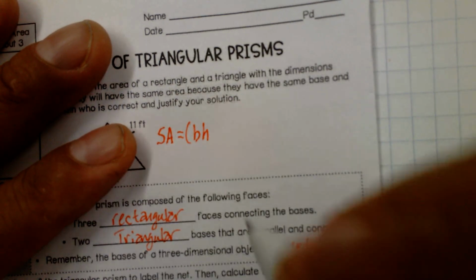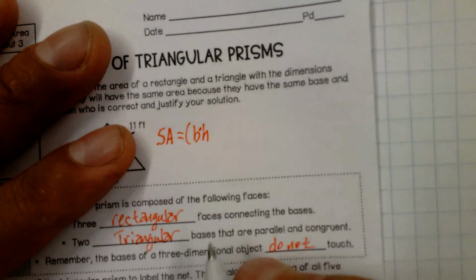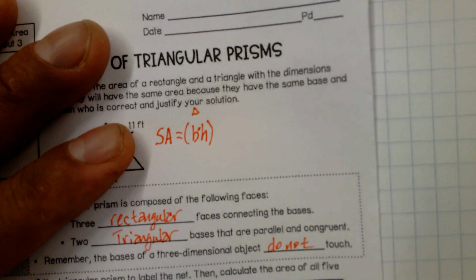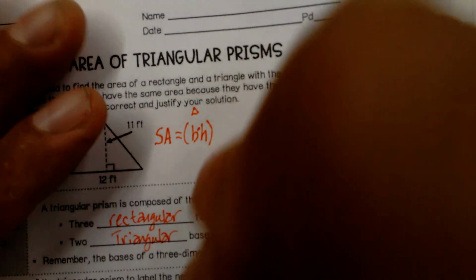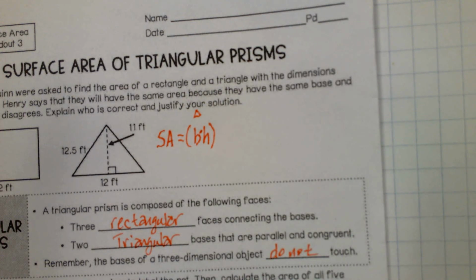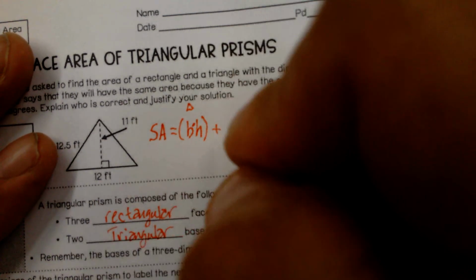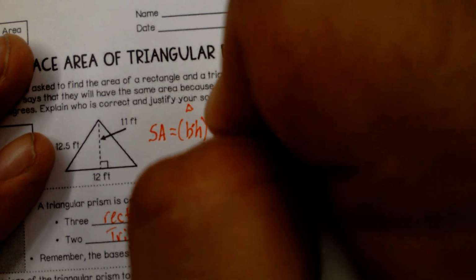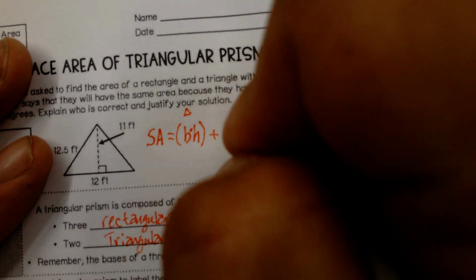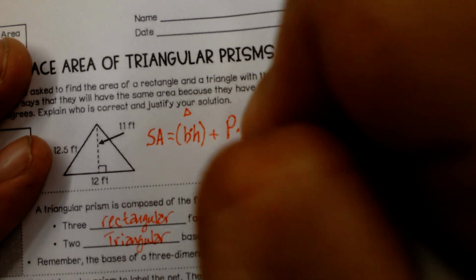It's going to be base times height of the triangle. Put a little triangle there. And then plus the perimeter times the length.